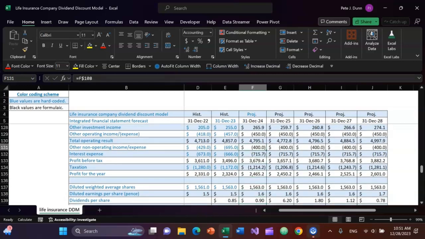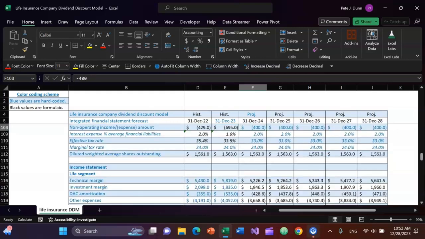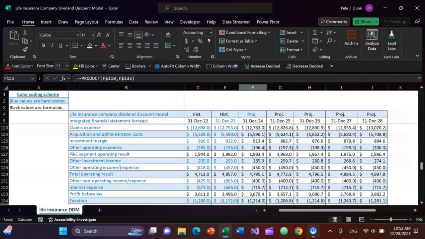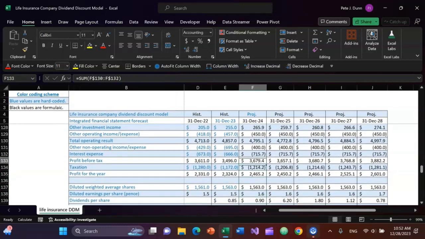Then you've got other non-operating expense. That's assumed to be $400 per year. Control left bracket, and you can see I had built that assumption in. F5 enter. Interest expense is based on the interest rate times the average of the debt balances built into row 86.